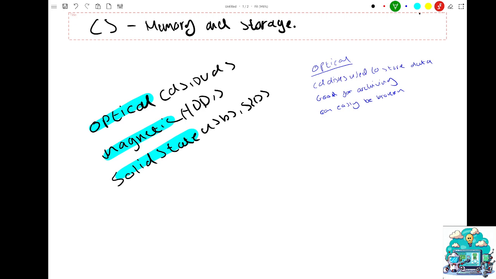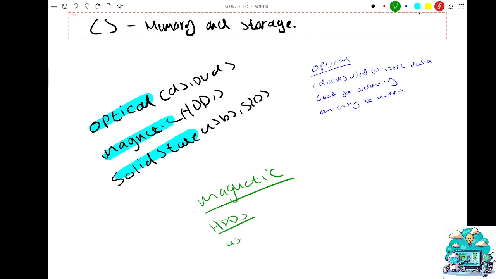Okay, let's take a look at the second one, so magnetic. So magnetic is your hard drives. So what is your HDDs?